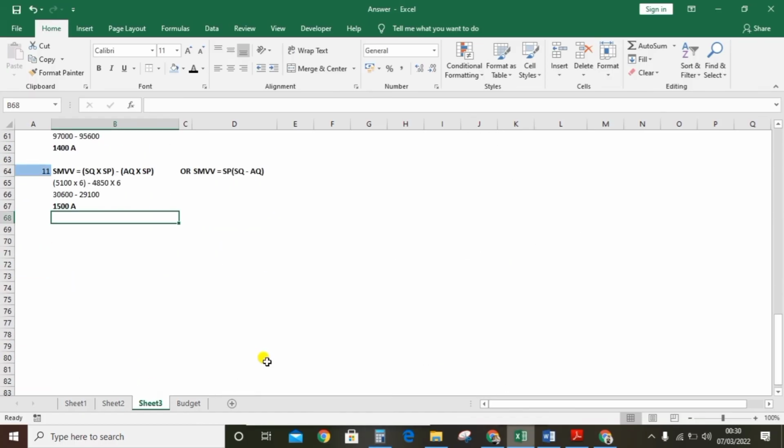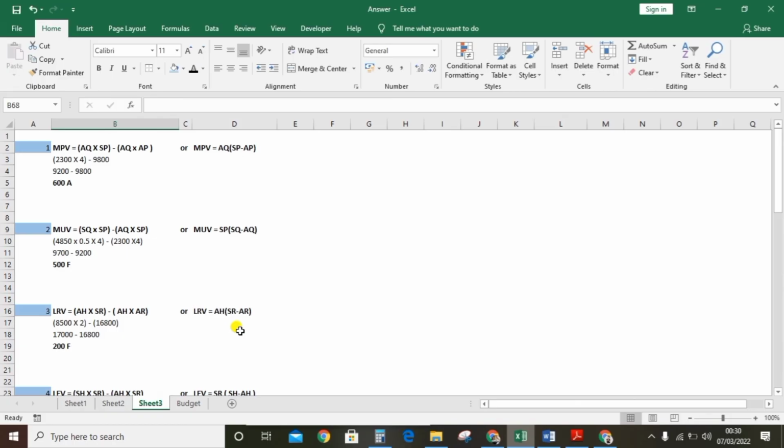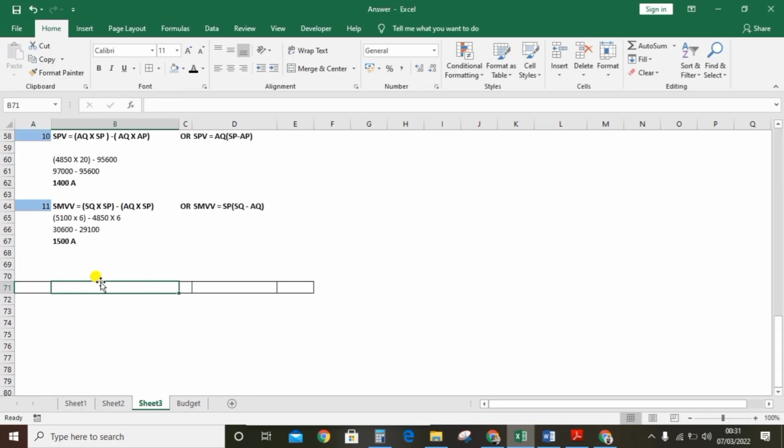We found all the variances needed to prepare the operating statement, so we can prepare it. Columns: details, adverse and favorable, and amount.